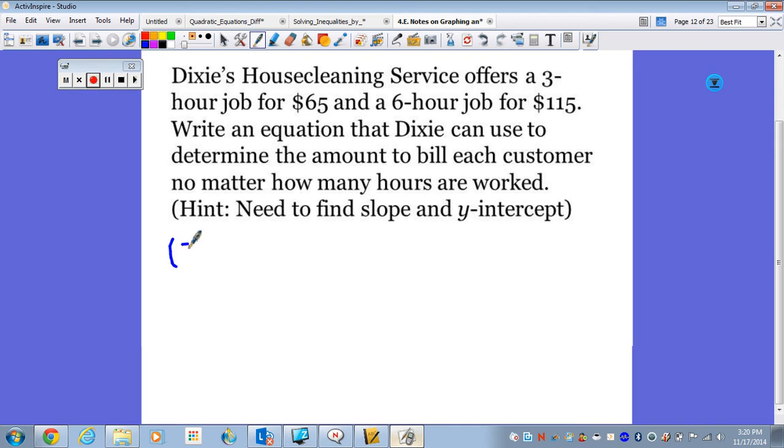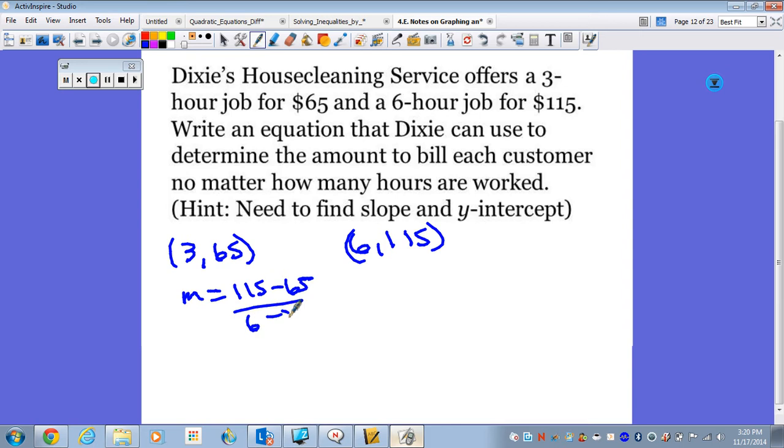So the ordered pairs are 3 and 65, and then 6 and 115. And the hint was find the slope and y-intercept. There are your two ordered pairs. So slope is going to be 115 minus 65 over 6 minus 3. And 115 minus 65.